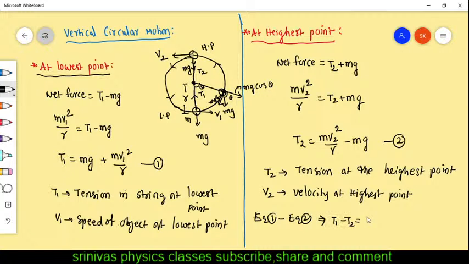When you subtract, you will get T1 minus T2 is equal to mg plus mv1 square by r, and when you do the subtraction it will be minus mv2 square by r plus mg. Equation 1 minus equation 2, left sides you subtract and right sides you subtract. Then you will get this equation, and after that we have to simplify this.